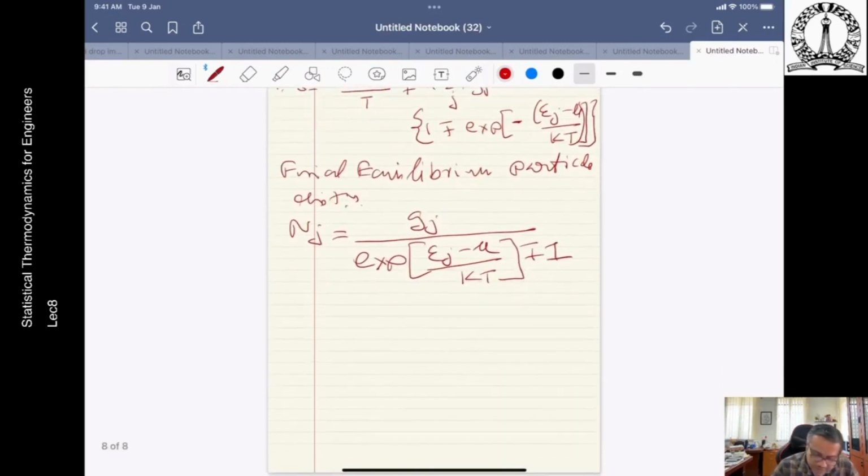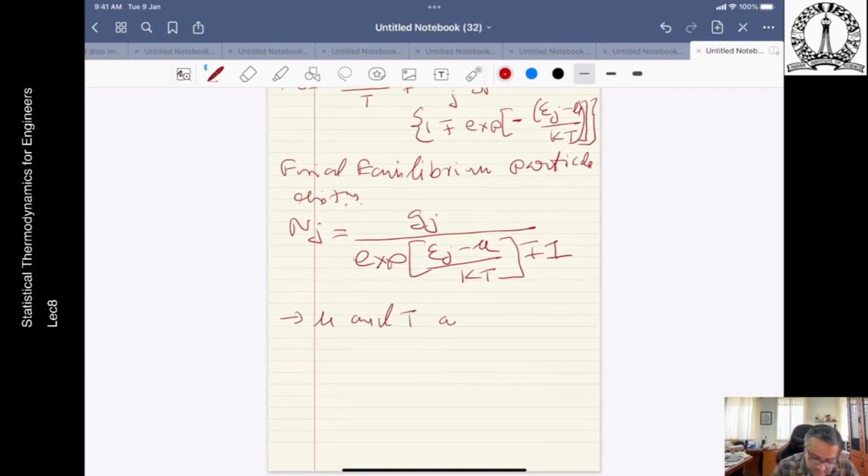So in this particular case, your mu and t are from the macroscopic world, entering through the Lagrange multipliers.